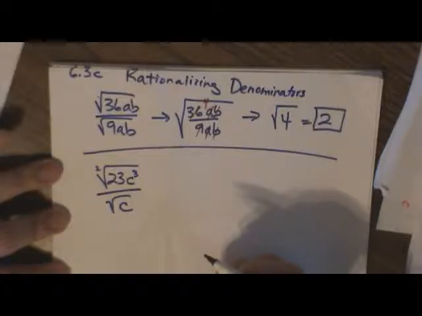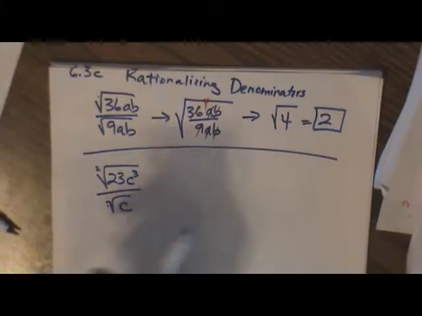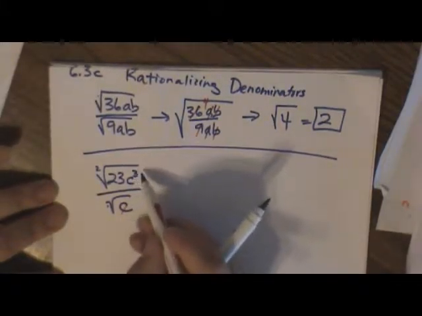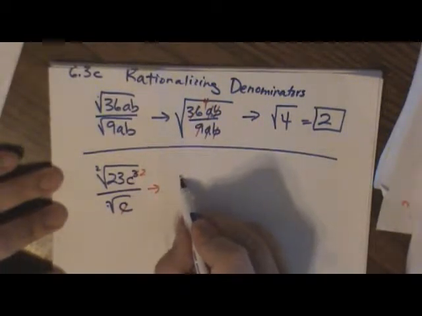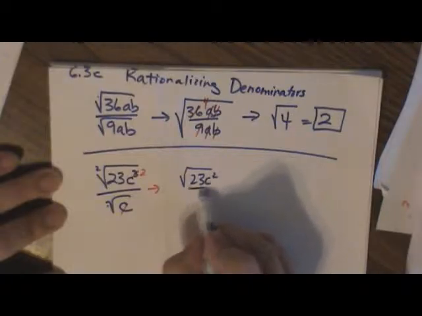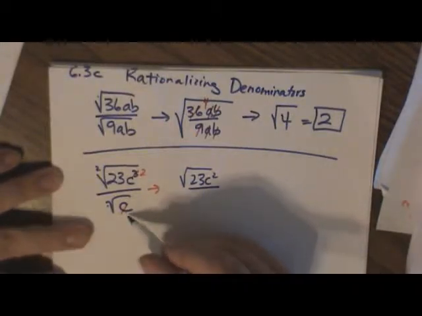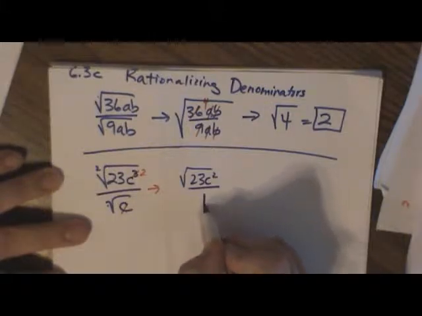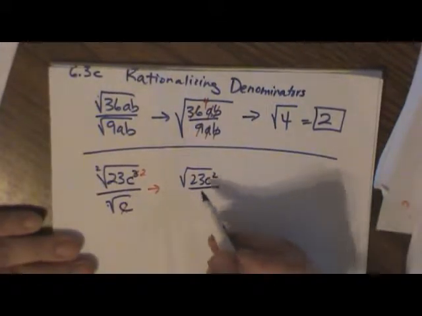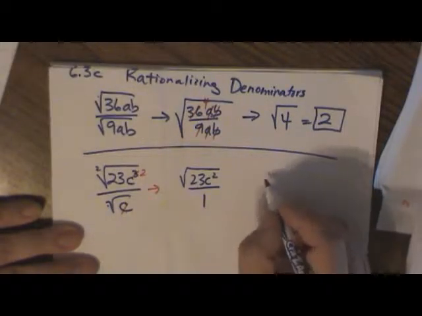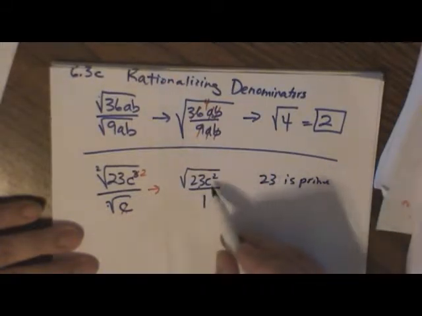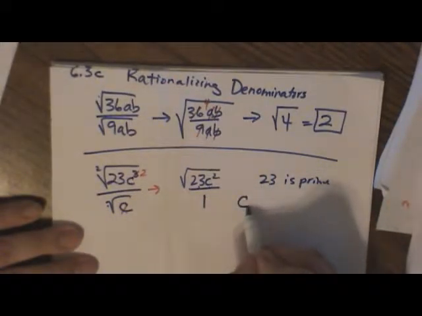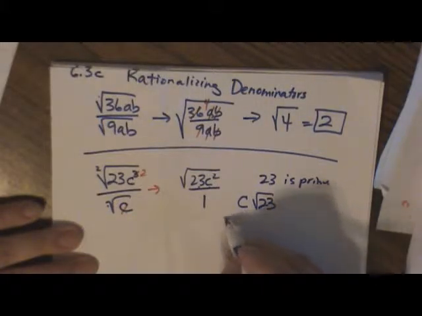They're both square roots, so we could cancel where we can, which causes us to have the square root of 23c squared over, and we cancel that, so we have the square root of 1, which is just 1. And since 23 is a prime number, we're not going to be able to pull the 23 out, but we have a pair of c's, so we have c square root of 23 would be our answer for this one.